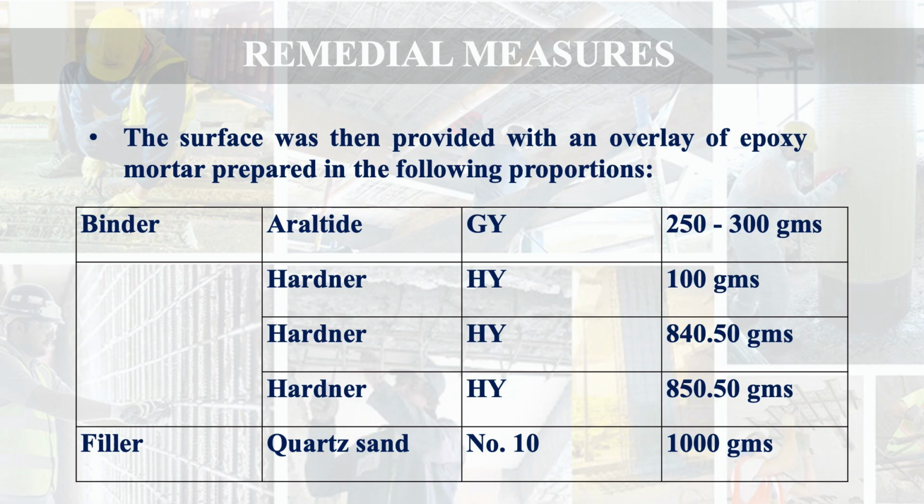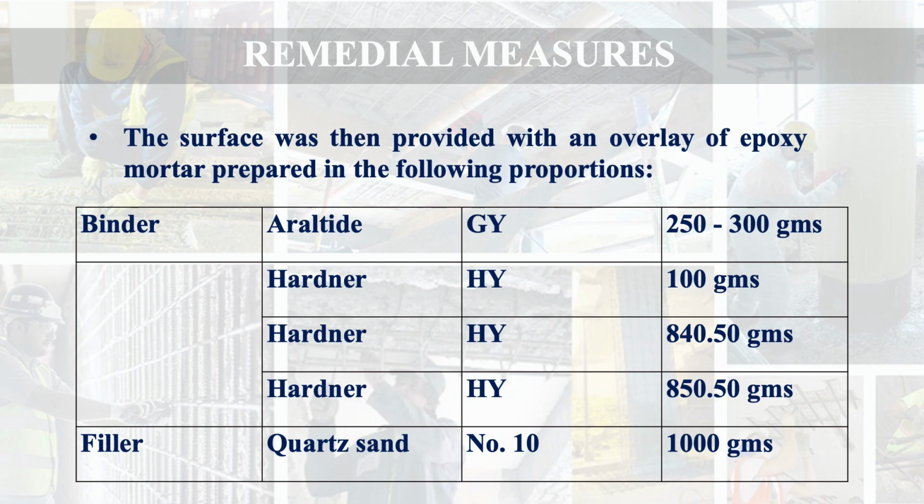Hardener, 3 different hardeners: HY 100 grams, then hardener HI 840 grams, then hardener HY 850 grams. Then filler, quartz sand was used as filler, number 10, and the amount was 1000 grams, means 1 kg. So this was the proportion to make the overlay.